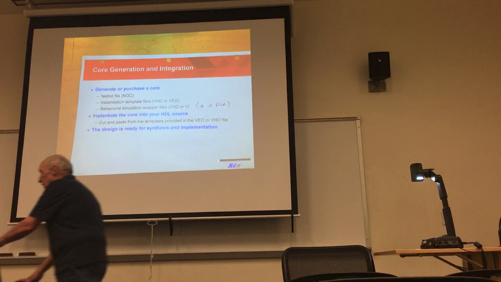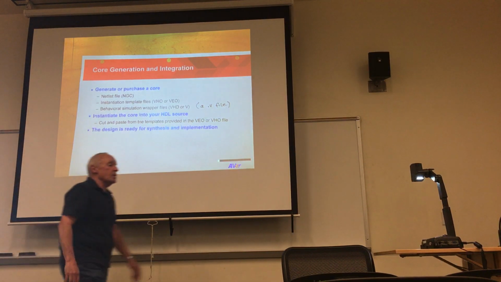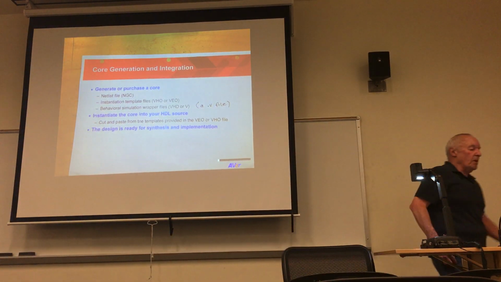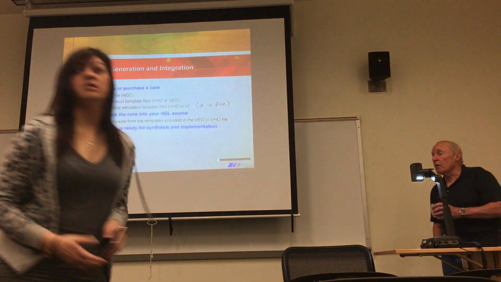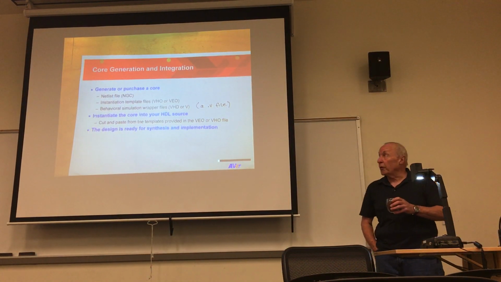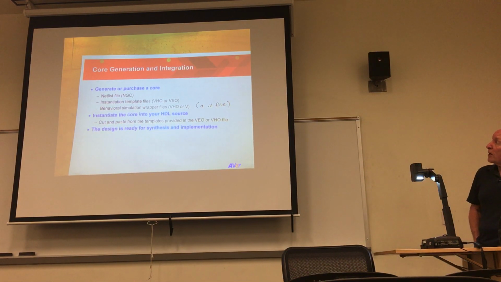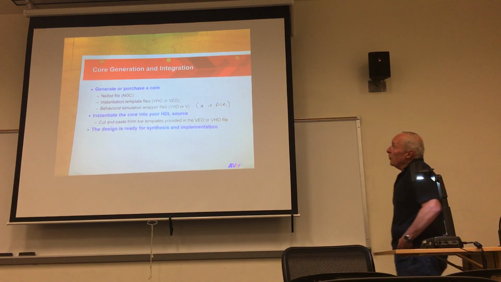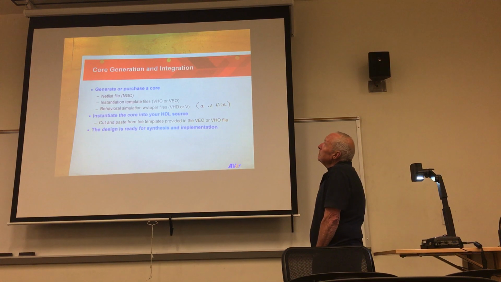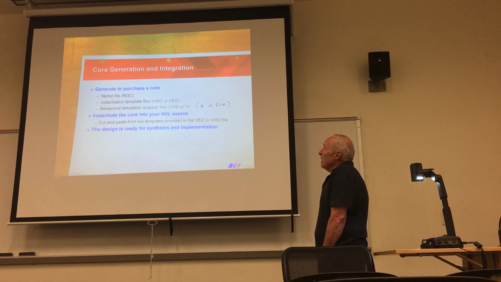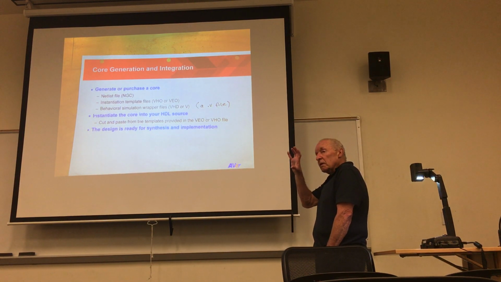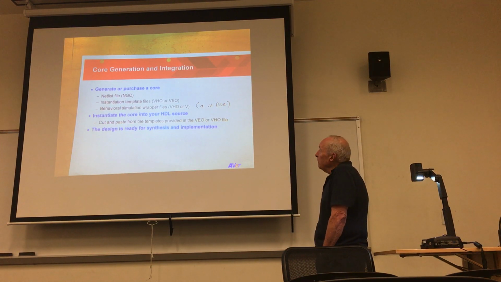We were talking about the core generator system, which is the design automation tool that Xilinx provides that allows you to create customized cores for your design. And we said that what the tool will output is 3 files: a netlist file, an instantiation template file, .vho for VHDL and .veo for Verilog, which is just an ASCII file that tells you the syntax for instantiating the core that you created.